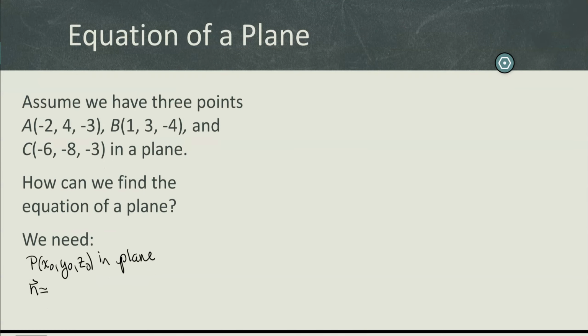And I'm just going to draw an arbitrary plane. I'm not going to try to graph those 3 points in space based on their coordinates. I'm going to think about this plane, and I'm going to think about the fact that it has 3 points lying in it.